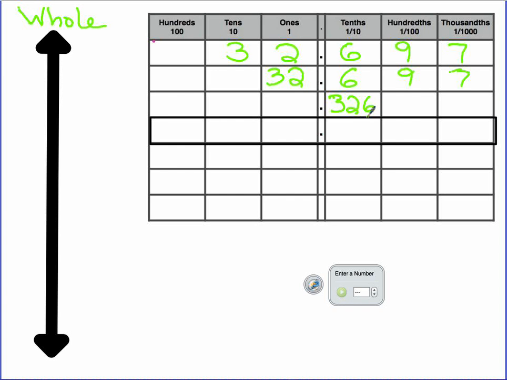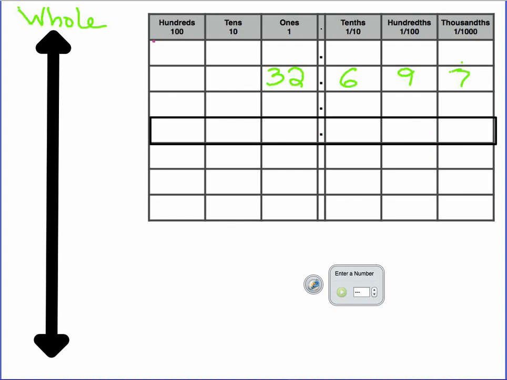I'm no longer in the whole number place, right? I'm no longer in the whole numbers, so I can stop there. What is my last whole number? What is the last whole number I wrote up there? 32. And that's right there, correct? So I'm going to just erase everything else because 32 is my last number in the whole number place, right?